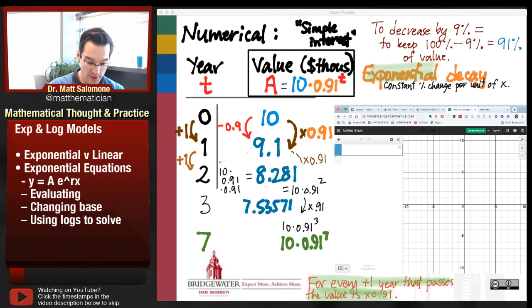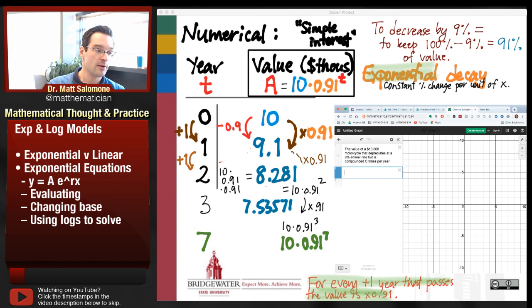So let me write this in here so that we all know what I'm writing. Note, the value of a $10,000 motorcycle that depreciates at a 9% annual rate, but is compounded, let's say, C times per year.